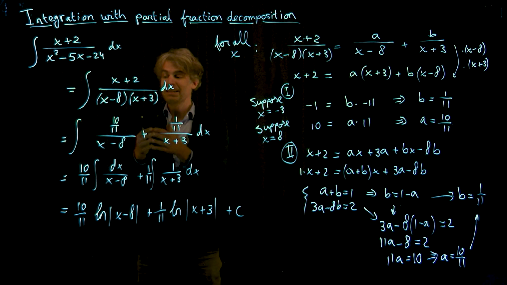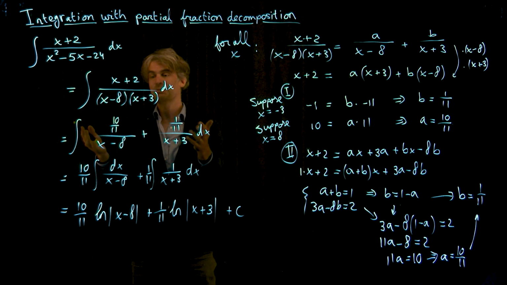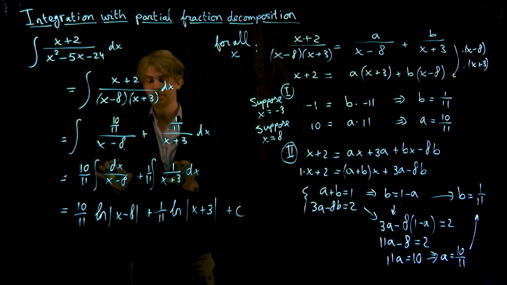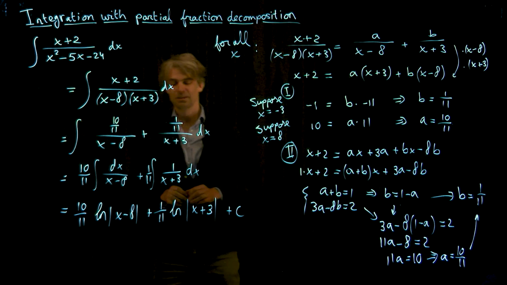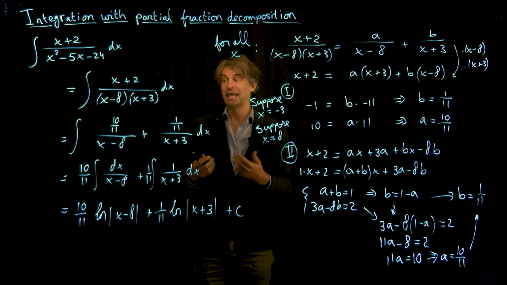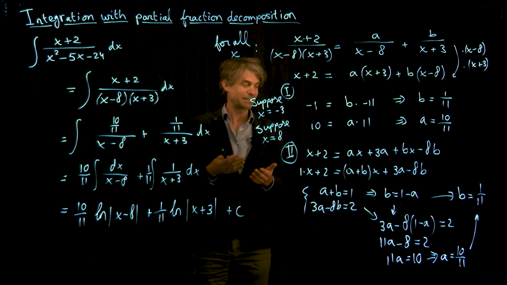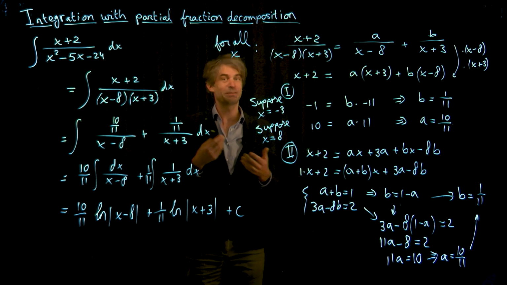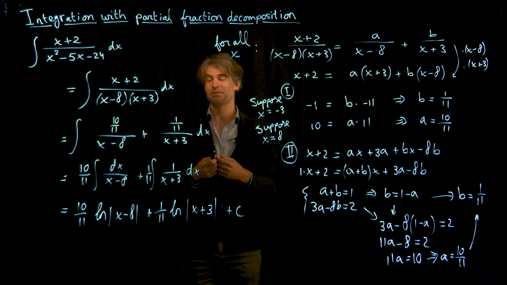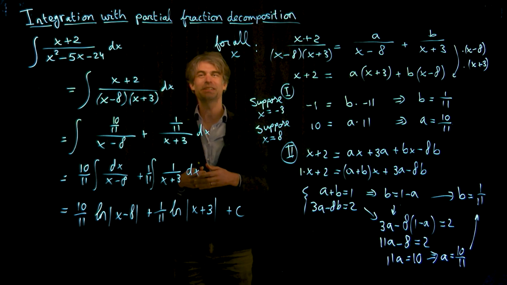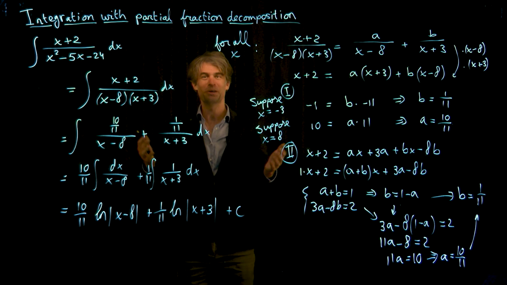Plug them back in, and then here you have this integral that then can be split as a sum, and each of them can be integrated by using ln in that way. And this, of course, you've seen it in an example now, and you have to trust me that actually this method works really in general. So a lot of success trying to apply it, and see you hopefully in the next video.